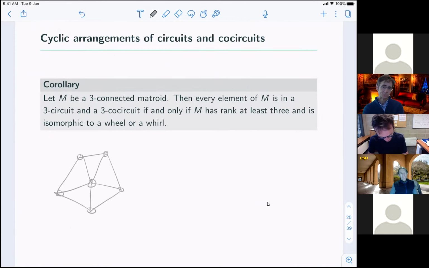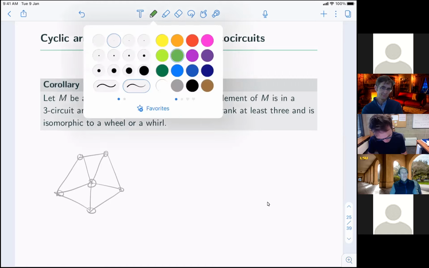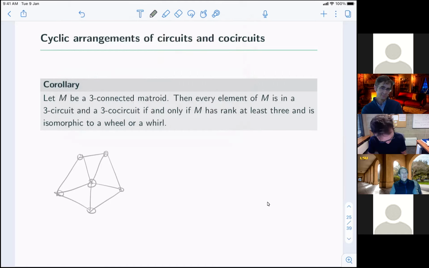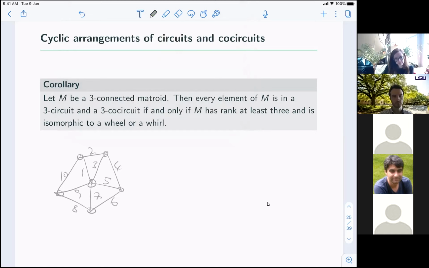So here's a 5-wheel, and I'll label it. You might observe that I label it in some sort of circular way.